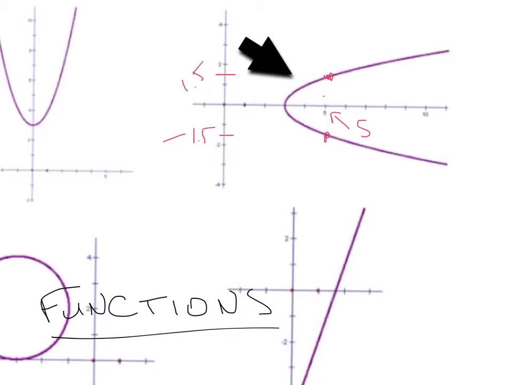Well, that's one input, and here I have 1.5 and negative 1.5. Those are two different y's, or two different outputs. Therefore, it is not a function. The vertical line test shows me that because this vertical line hits 2 points at a time. Therefore, it fails the vertical line test and is not a function.